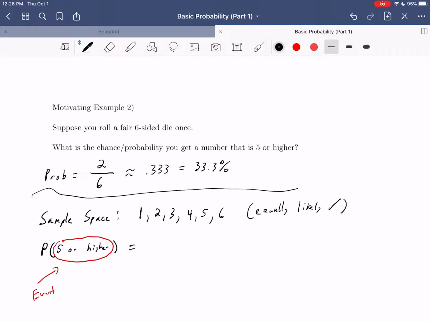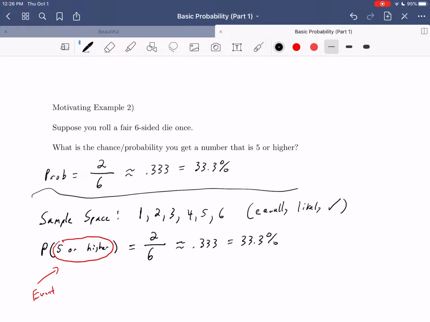How many ways are there for 5 or higher to happen? There would be the 5 and the 6. So that would be 2 divided by how many outcomes there are in the sample space overall: 1, 2, 3, 4, 5, 6. So it would be 2 out of 6, which, like we said, is approximately 0.333, or 33.3%.